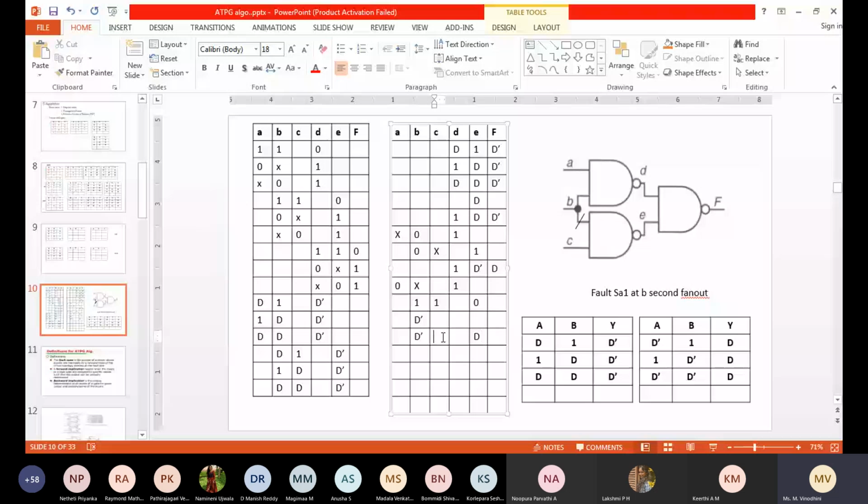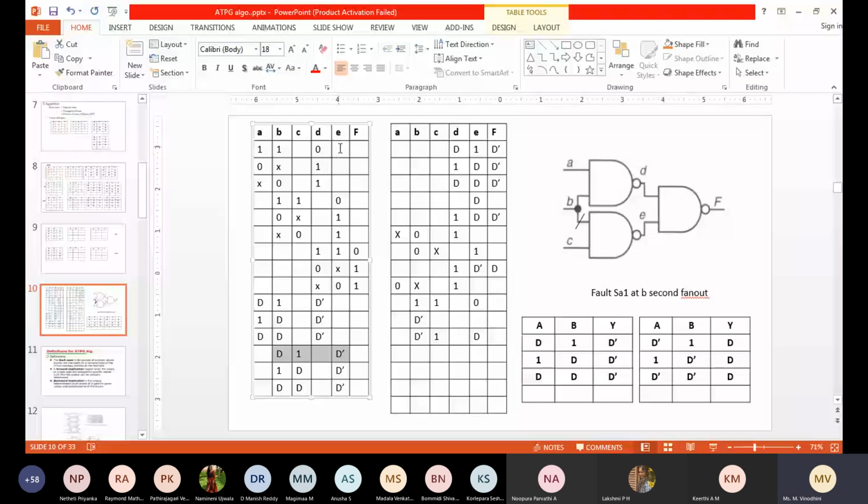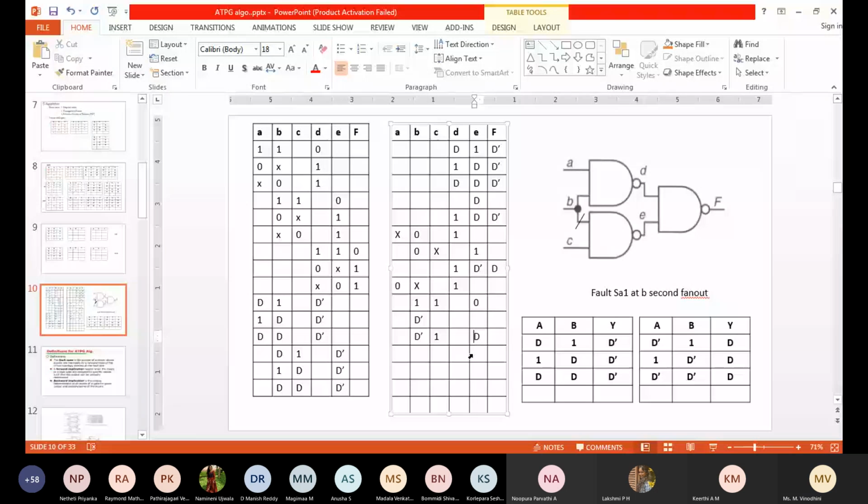This is 1. This combination: D at B, C is 1 and E is D dash. D and D dash are interchangeable. So D dash, D. So I have brought my fault to E. From E, I need to take it to F. If I want to take it to F, I can get only D dash. So this is possible with 1.